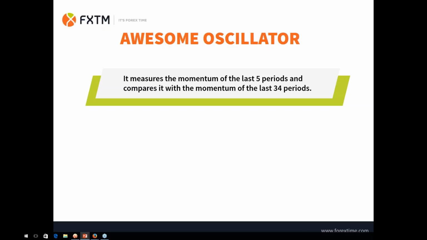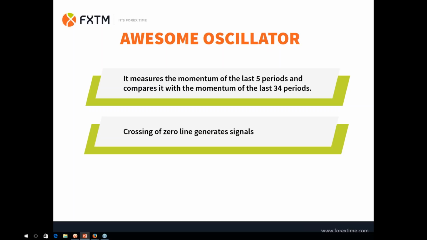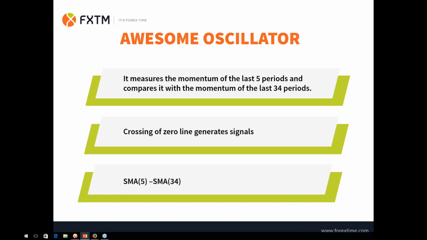So it's 5 and 34 the default periods, where in MACD, do you remember, it's 12 and 26, right? Now, the crossing of the zero line generates a signal, all right? Exactly the same as with the MACD. And of course, it's a simple moving average of 5 periods minus a simple moving average of 34 periods, very similar to MACD.